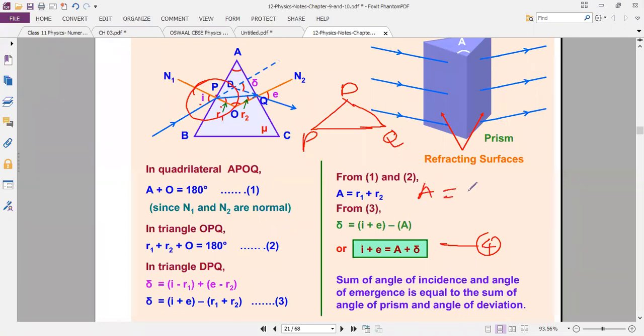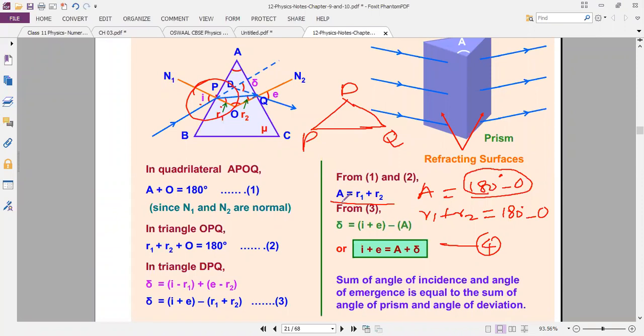See here, A equals 180 minus O. Here also, R1 plus R2 is equal to 180 minus O. So the value of 180 minus O is A. Then the formula A equals R1 plus R2.